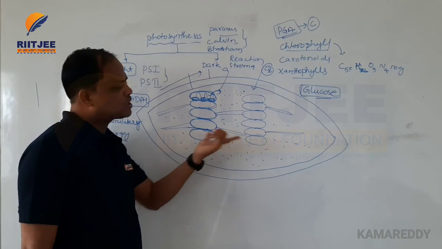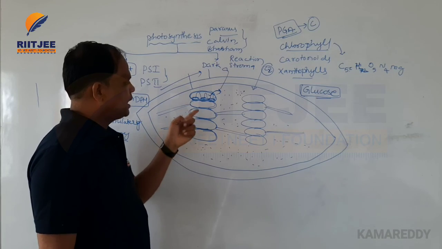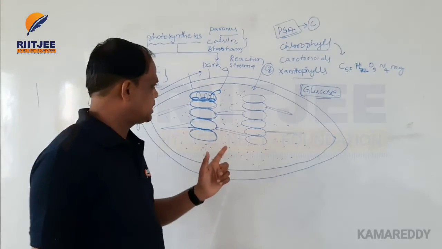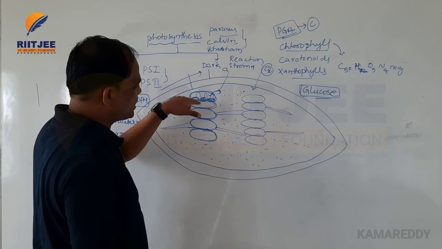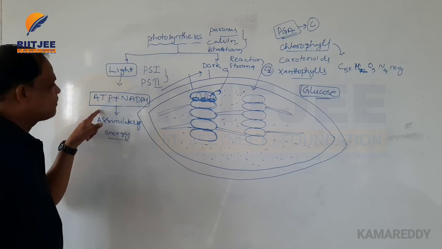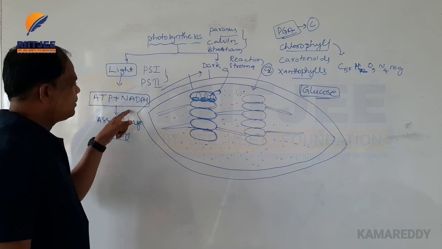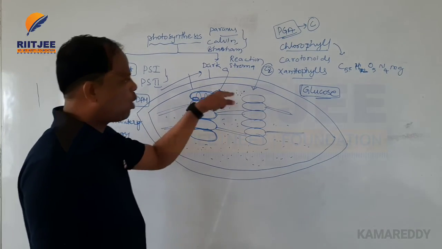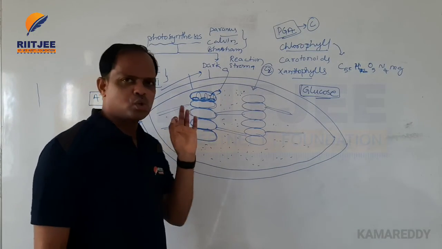Inside the chloroplast, the sac-like structures are very important. These structures are called thylakoids. Within the thylakoids the light reaction is completed, and the final products of the light reaction are ATP and NADPH. Then the assimilatory energy is released to the outside, which is called the stroma.